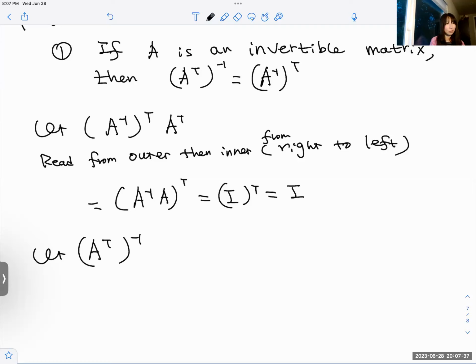I did not show this one yet. So the inverse of the transpose of A, and then we multiply with the transpose of A in here.